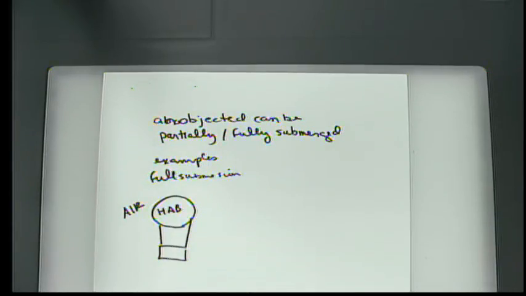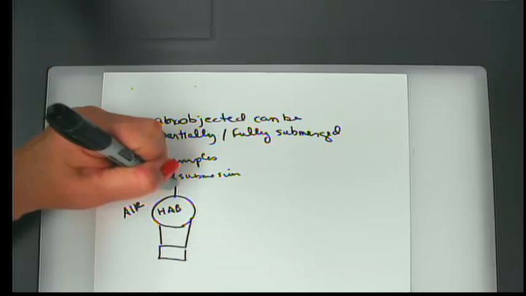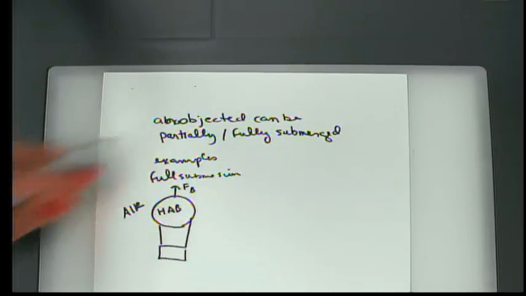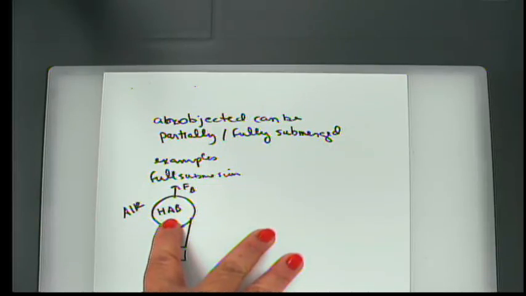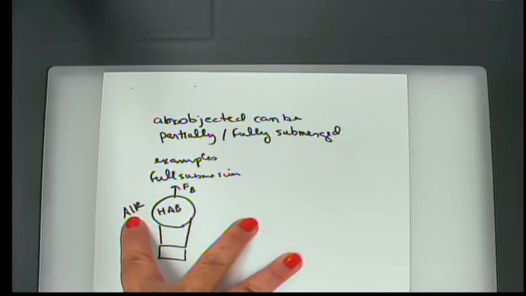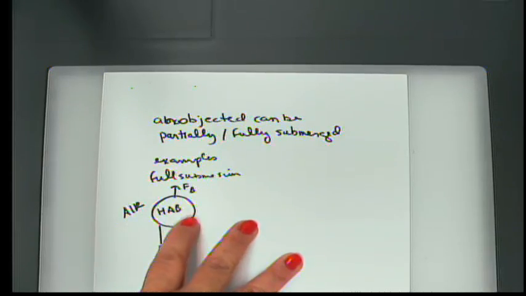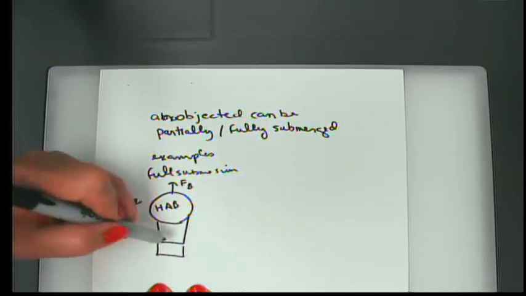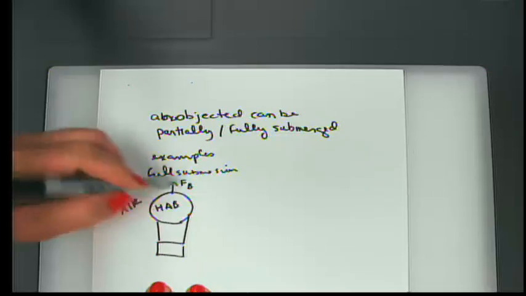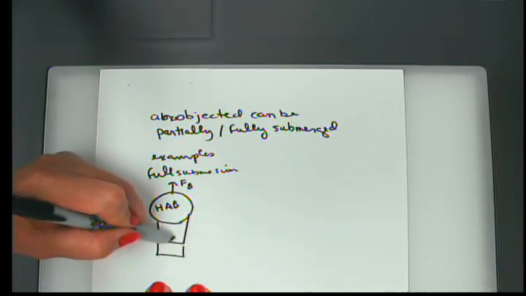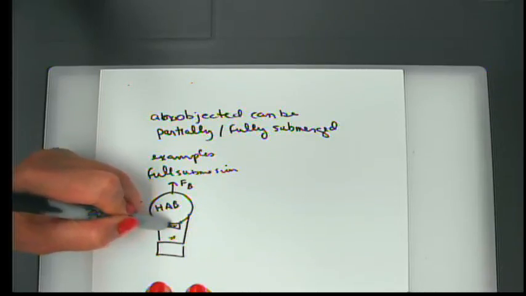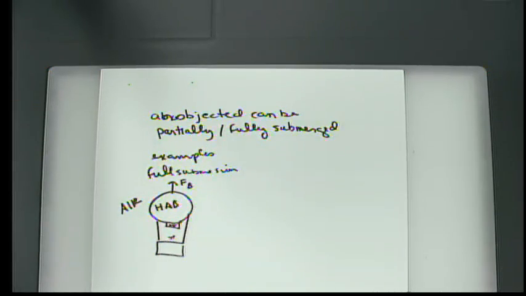And the reason that it floats upward is that there is a buoyant force due to the fact that the hot air inside of the balloon has less density or less specific weight than the cooler air outside of the balloon. So that's why the hot air has to stay hot, and there will be burners or whatever in order to keep that air hot. But the hot air actually is less dense than the air surrounding it.